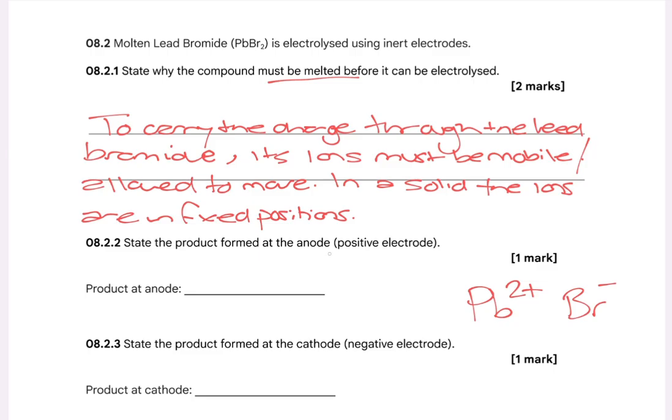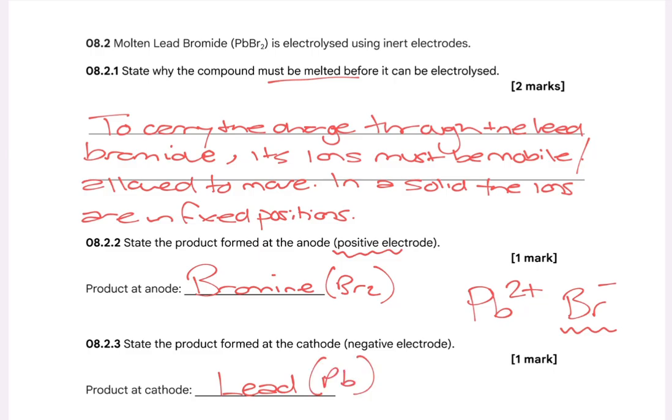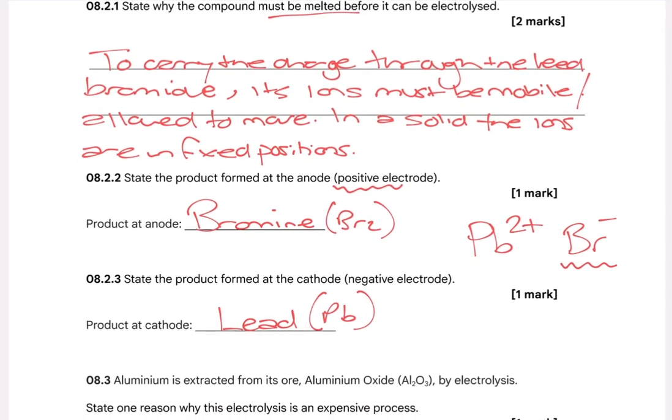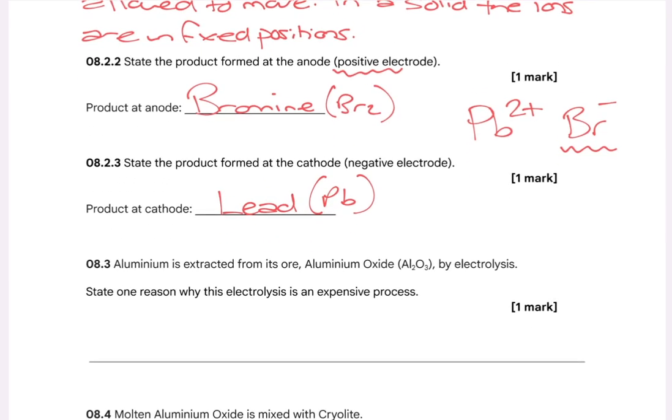At the positive electrode, the Br- ions will go towards it, they'll undergo electrolysis, and as a result produce bromine gas, Br2 molecules, and at the cathode, the Pb2+ ions will come out as Pb atoms via their own redox reactions. So some questions may ask you to give those redox equations. We do go through some of those in some of the other papers, so have a look at those.